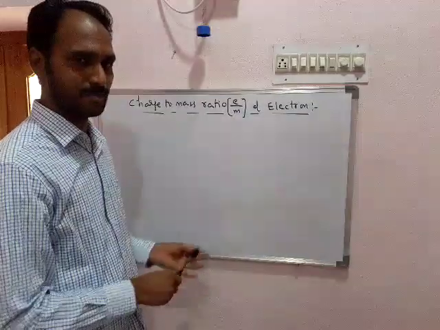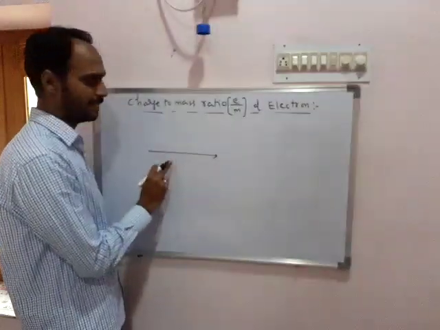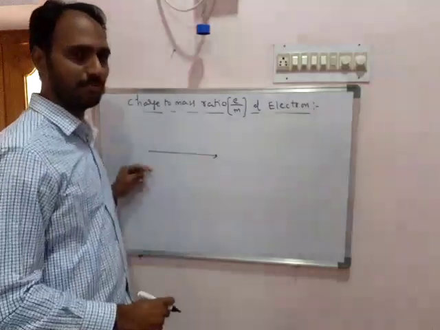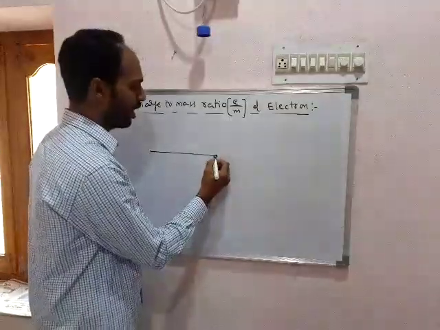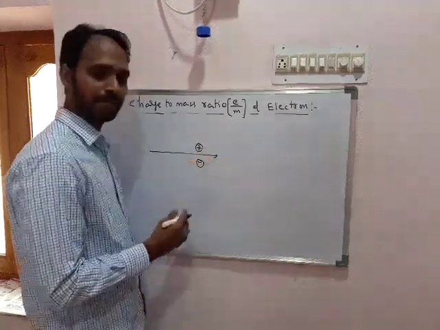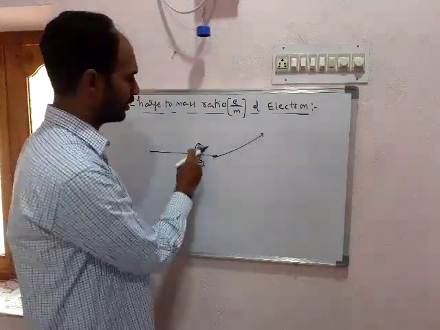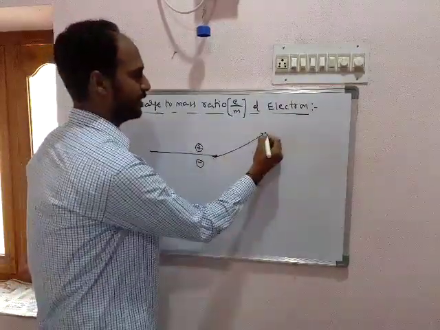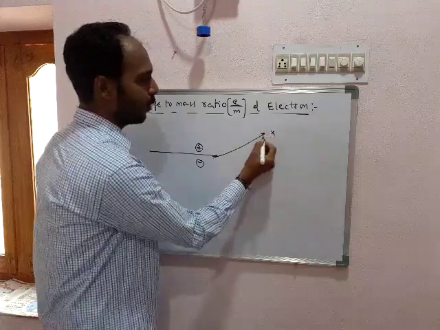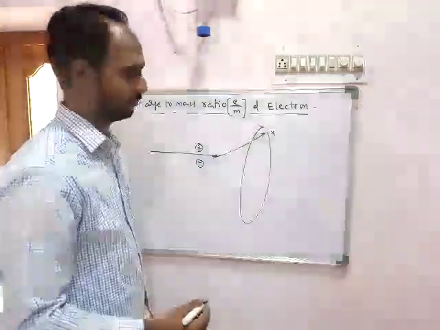We can see his experiment again. Let there be a beam of cathode rays. By applying an electric field, they get deflected in this direction, towards the positive direction. Say it is point X. We can observe them on a fluorescent screen.